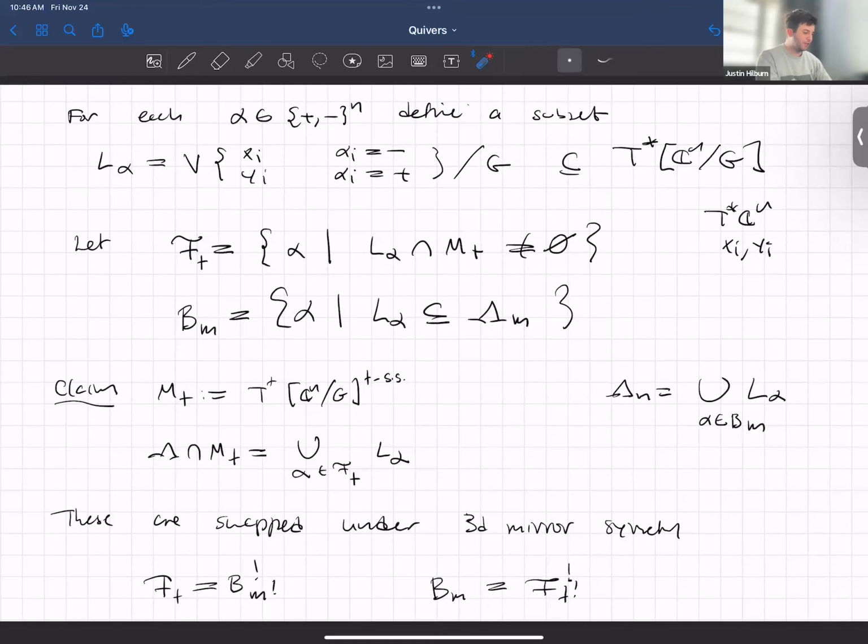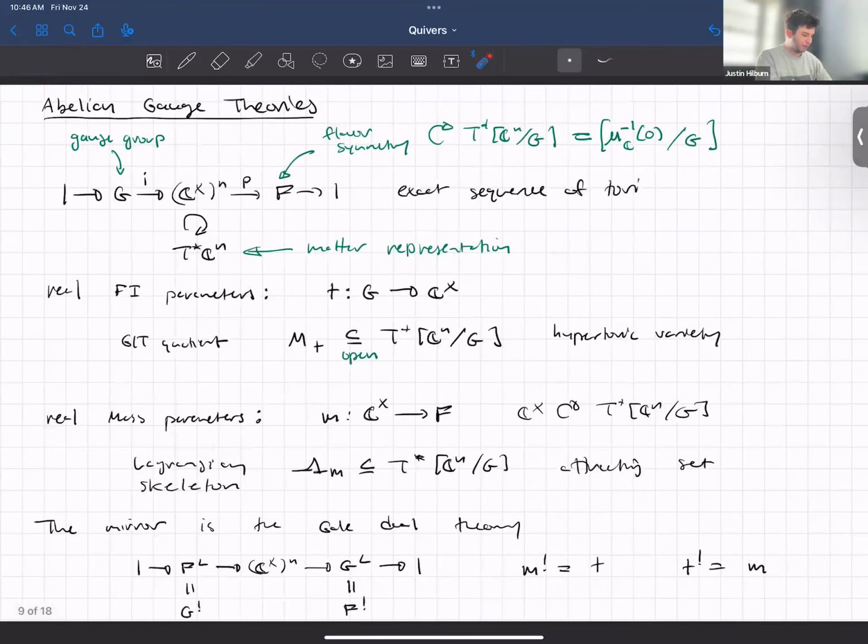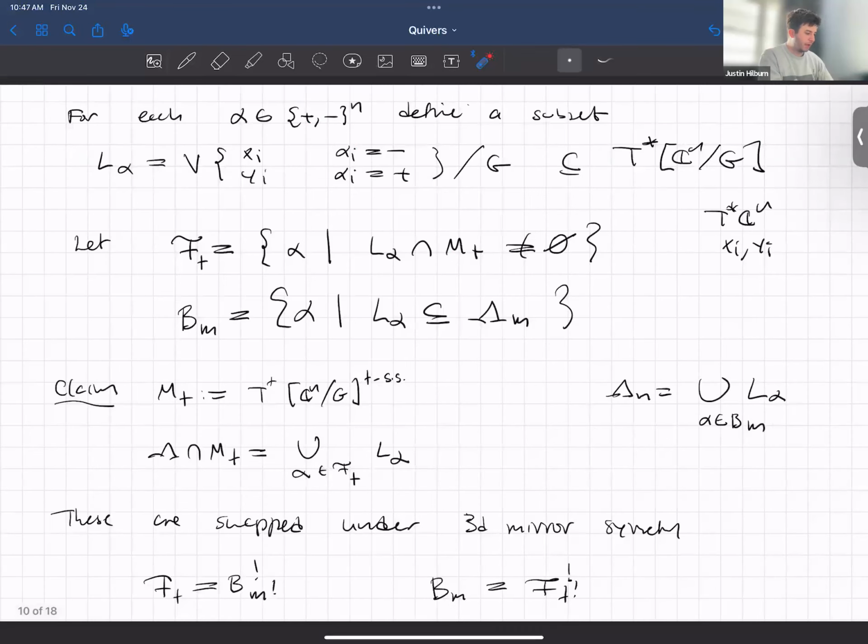So let me do a tiny bit of geometry on these guys. I want to try and describe this attracting set in some sort of combinatorial fashion. For each sign vector, plus or minus to the n, I can describe a particular subset of this quotient stack.